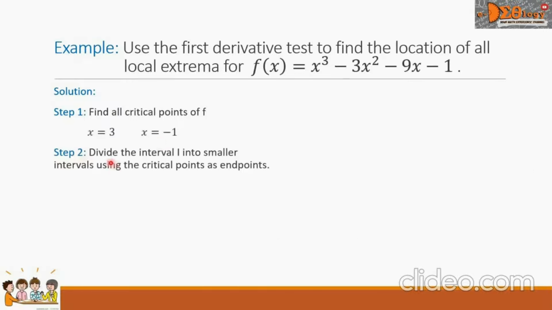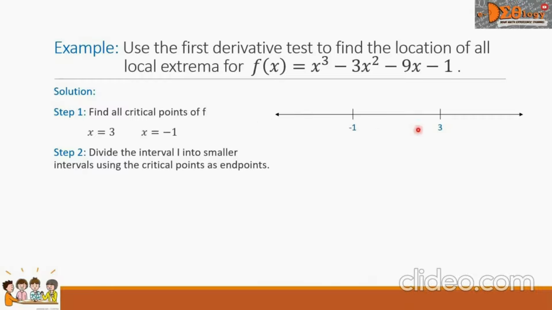Step 2 is to divide the interval I into smaller intervals using the critical points as endpoints. We are able to find the critical points. Now, let us plot them on the number line. Here is our number line. We write here negative 1, and on the right is the positive 3.